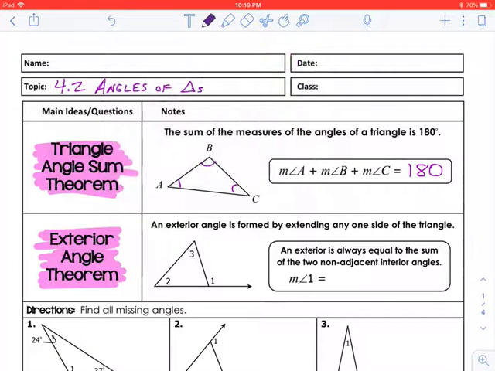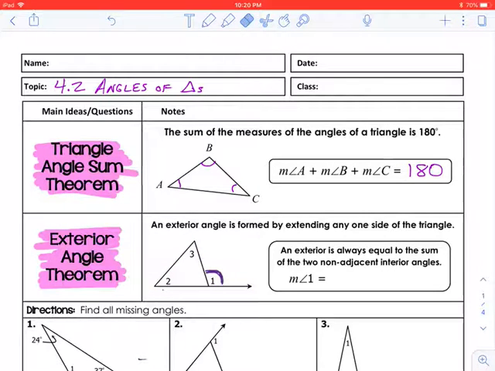an exterior angle is formed by extending one of the sides of a triangle. So angle 1 is created by just being on the outside of one of the triangle's sides. So when you're looking at this triangle here, you just extend one out, and that's an exterior angle. Okay.